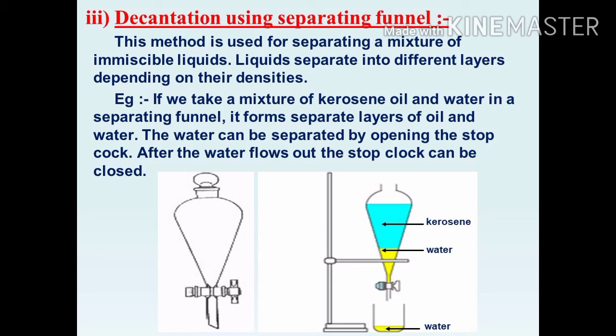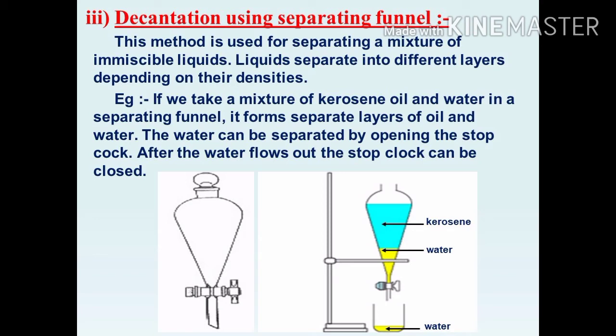Example, if we take a mixture of kerosene oil and water in a separating funnel, see this picture, kerosene and water, it forms separate layers of oil and water. The water can be separated by opening the stopcock. After the water flows out, the stopcock can be closed.